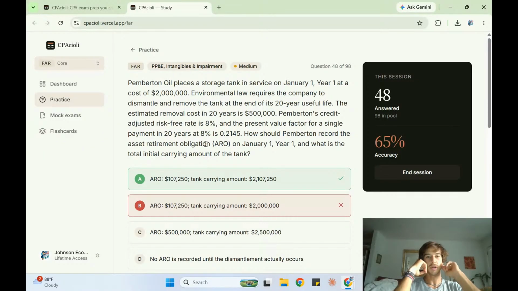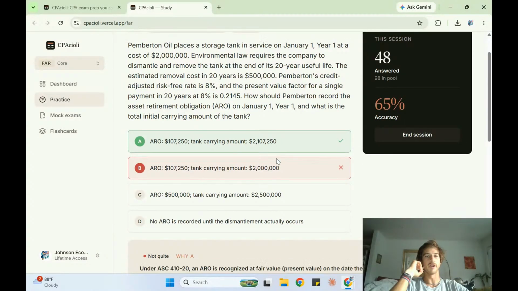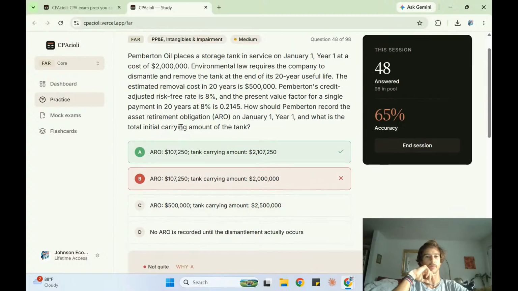The total initial carrying amount of the tank. What's the total initial carrying amount of the tank? So you add the asset retirement obligation to the initial carrying amount.